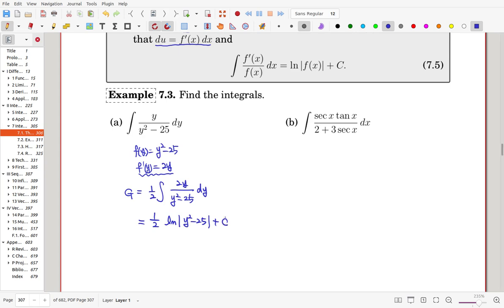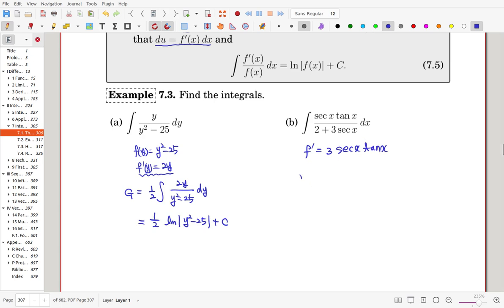That's it, right? And in the same way, if we consider the bottom as f of x, then f prime is, okay, 3 times sec x tangent x, since the derivative of sec x is sec x tan x.